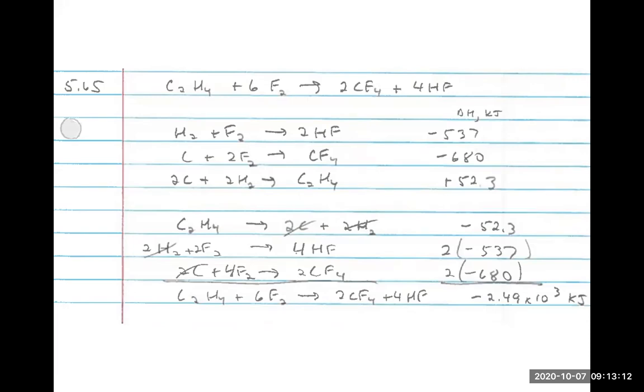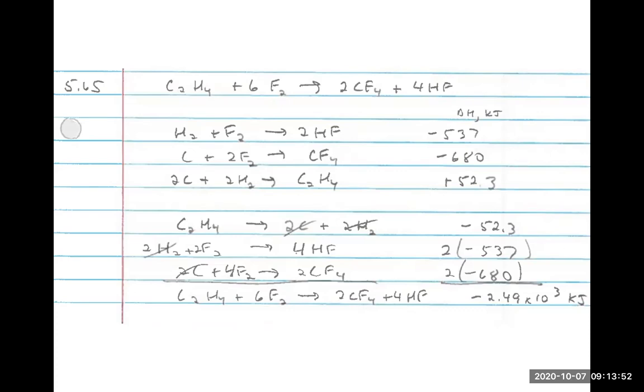So if we just start left to right on that, we see the first one, C2H4 on the left. So I've written that first reaction, the C2H4, I've flipped it around so that the C2H4 is on the reactant side. Because I did that, I needed to change the sign on the delta H. If you look over on the right there, it was plus 52.3, and that was when it was 2C plus 2H2 going to C2H4.